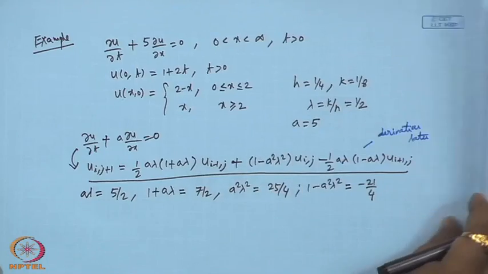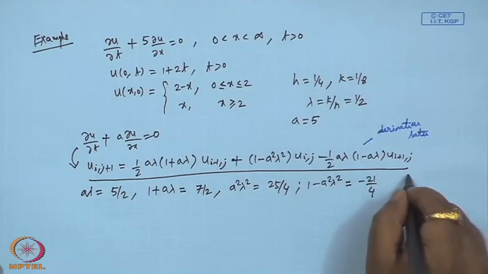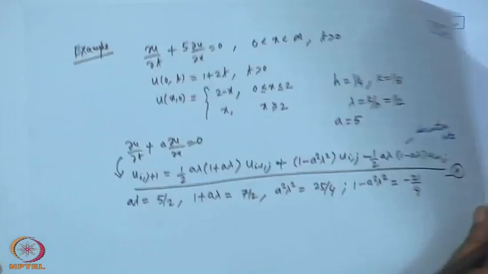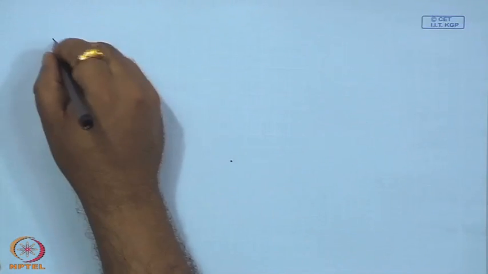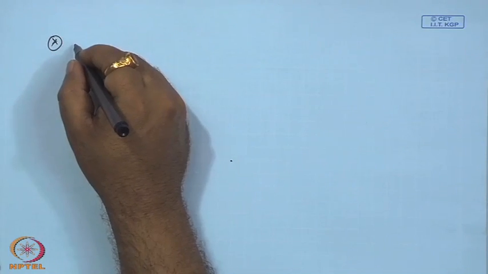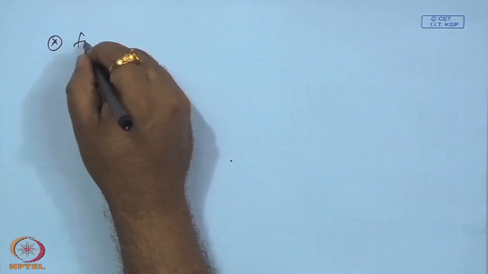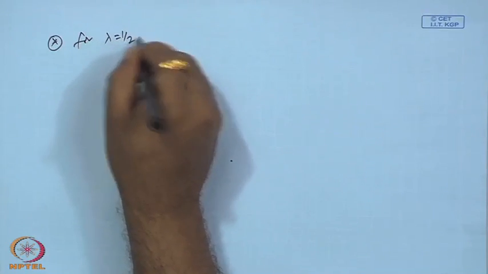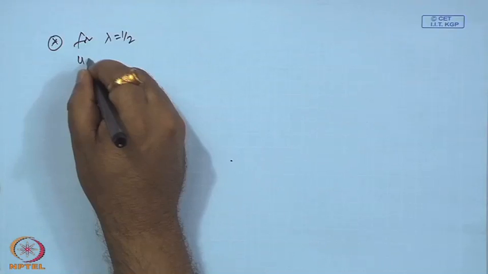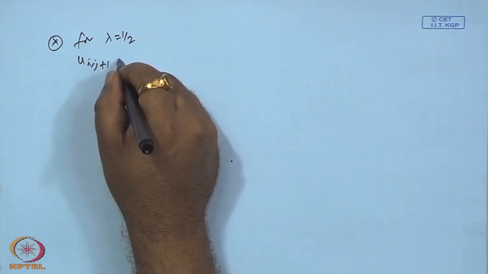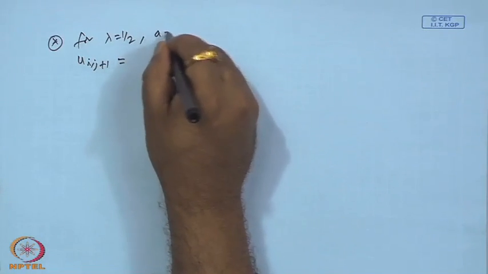Okay. So, then star, for lambda equals to half, is given by u I j plus 1 and A equals to 5.